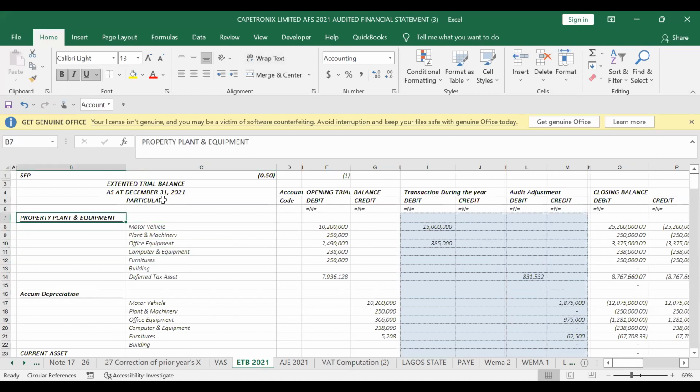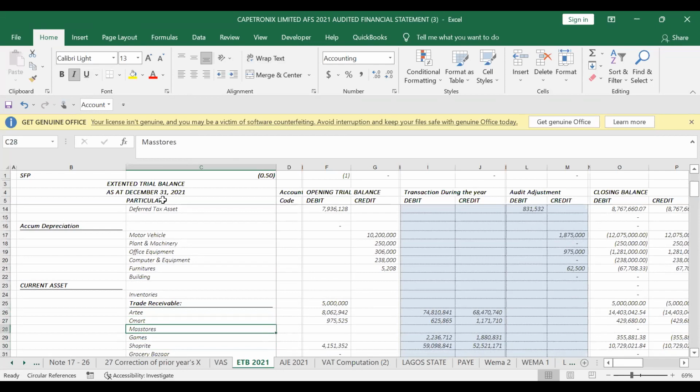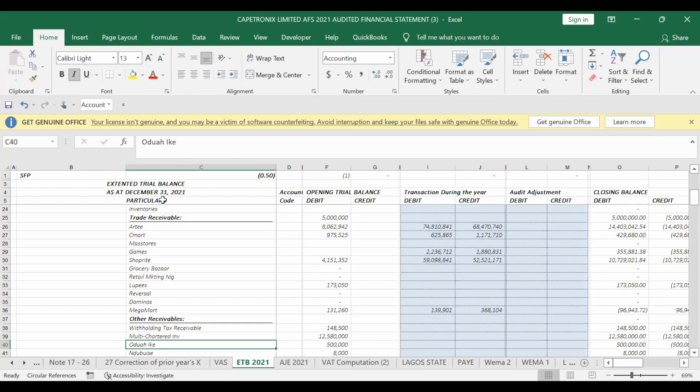So all I need to do is, under PPE, what are the various components of the assets that should be there? I have tried as much as possible to identify a number of them. Under accumulated depreciation, what are the various captions? Under current assets, what are the various captions?